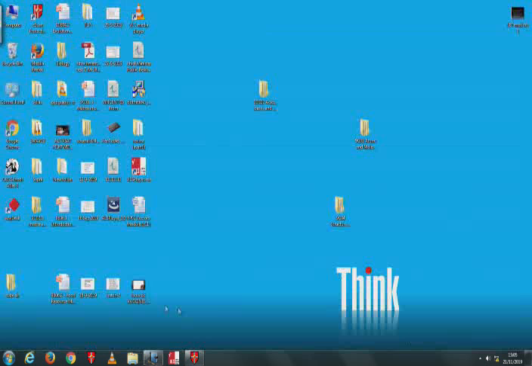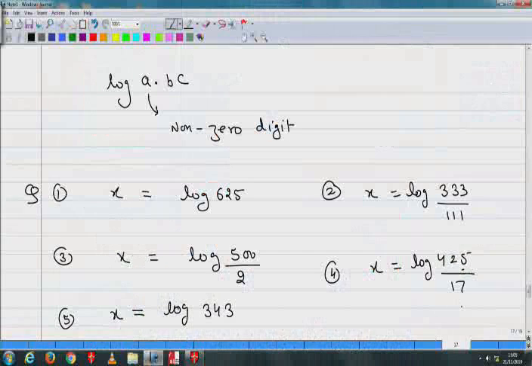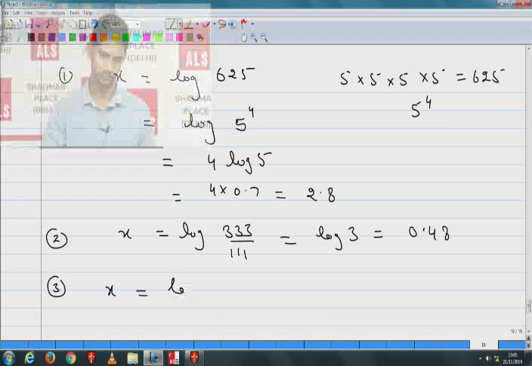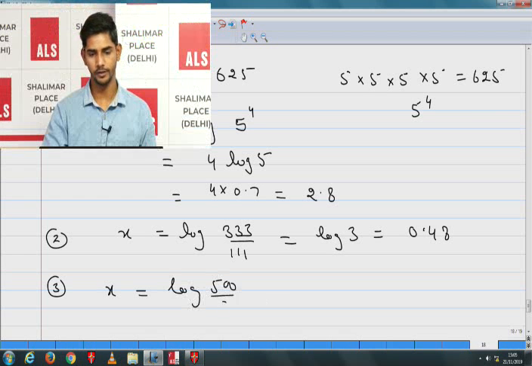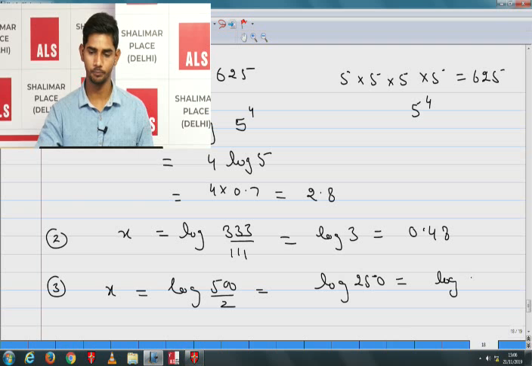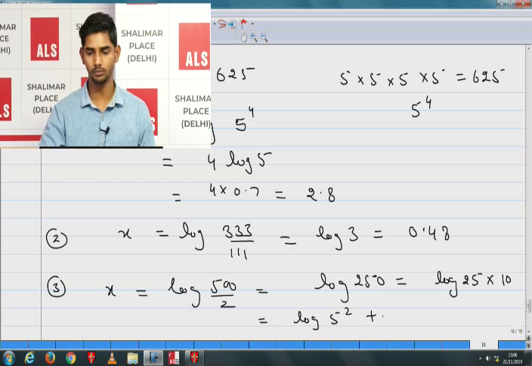Number 3 is 500 by 2. 500 by 2 is nothing but 250. And 250 can be split to form 25 into 10, which is nothing but log 5 to the power 2 plus log 10.